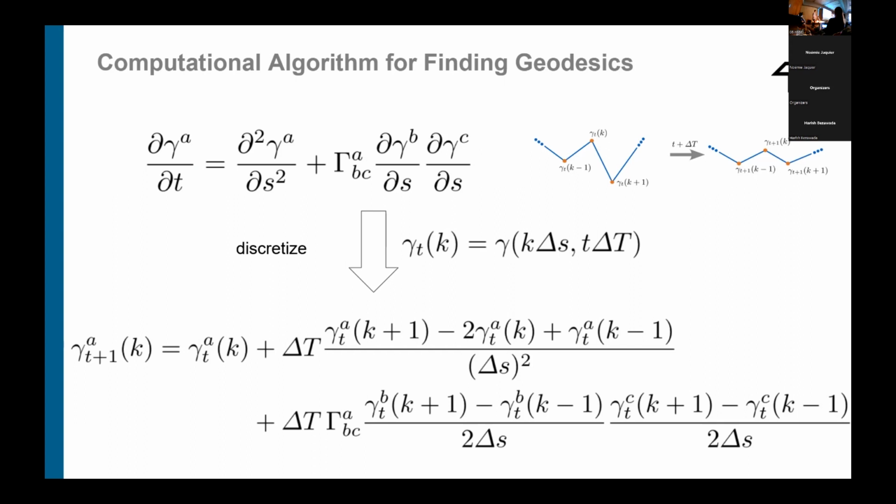And then by just computing this, we can update gamma. This will move the points around on the string, and like for Euclidean spaces, when you would do this once, you would get this. They will move closer to a straight line.